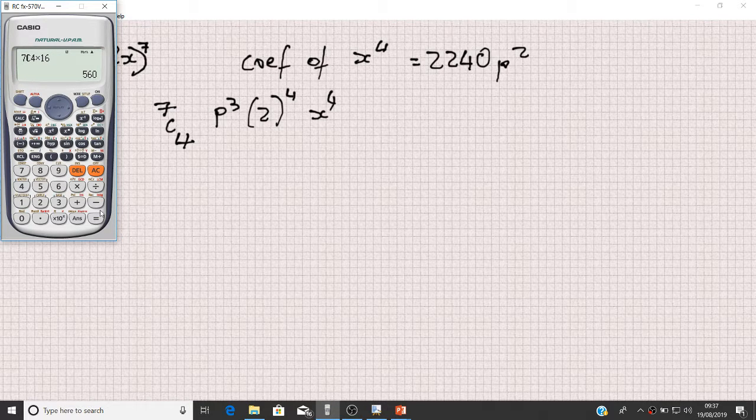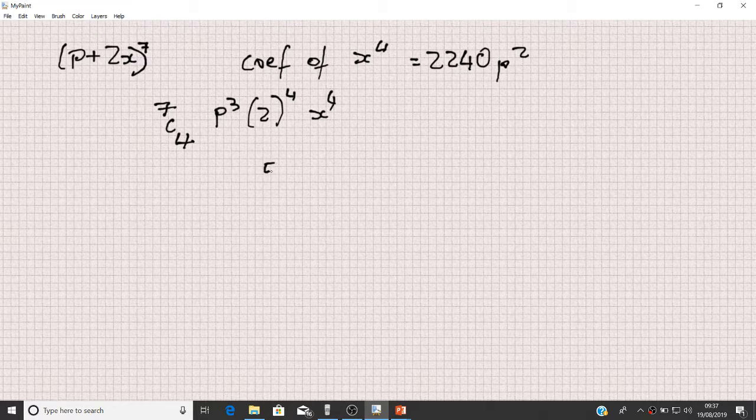So 560 p cubed. We can set the two coefficients equal to each other, so 560 p cubed equals 2240 p squared. We're trying to solve for p, where p is non-zero, so we can divide out by p squared. And in fact, I'll cross multiply.